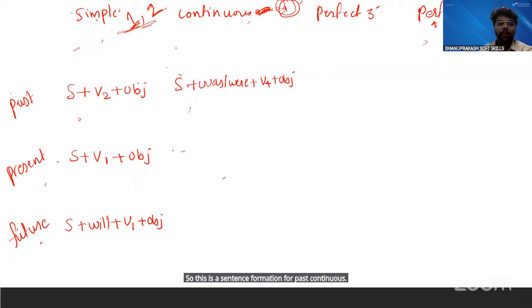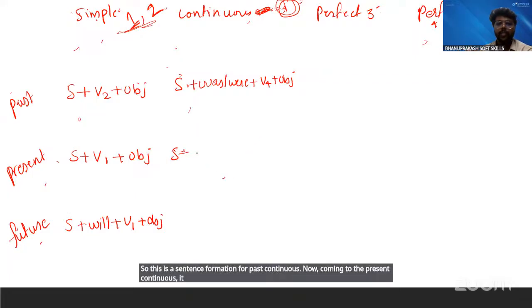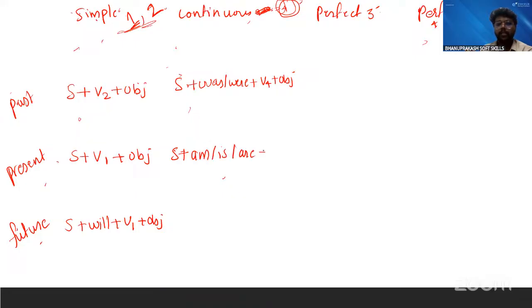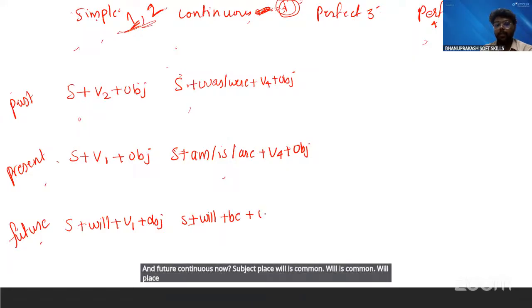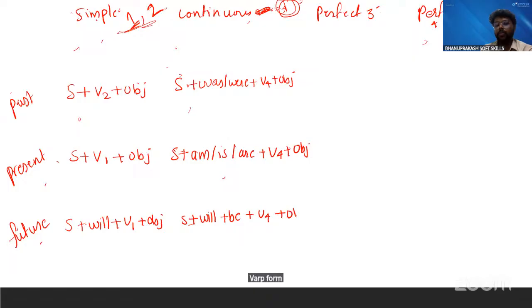Now coming to the present continuous, it is subject plus am, is, or are plus verb form 4 plus object. And future continuous: subject plus will plus be plus verb form 4 plus object. As you can see here, in all positions V4, V4, V4 is what we use.